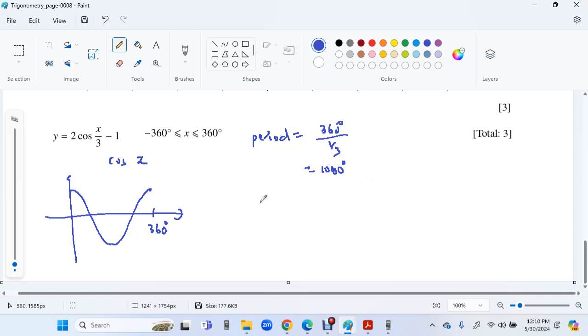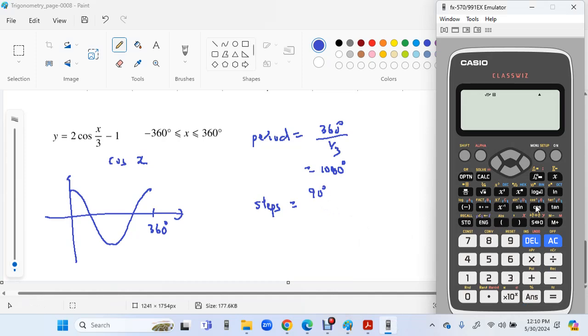And I will say the step size. So the step size originally is 90 degree. So we know that cos 0 is 1, cos 90 is 0, cos 180 is negative 1, and then cos 270 is 0, and cos 360 will be 1. So every 90 degree, they will change a value here.